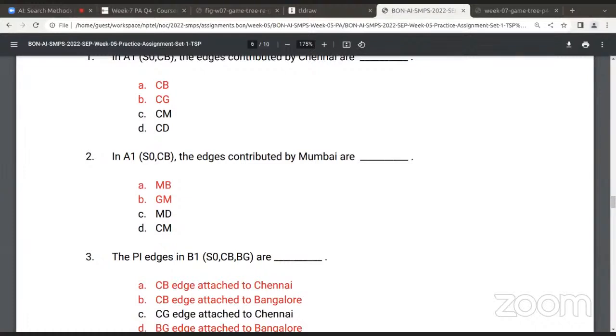See, from Mumbai, I'm going to Bangalore. From Mumbai, I'm going to Goa. So this is the segment MG, and instead of saying MG, I said GM. So MG and GM doesn't matter here.